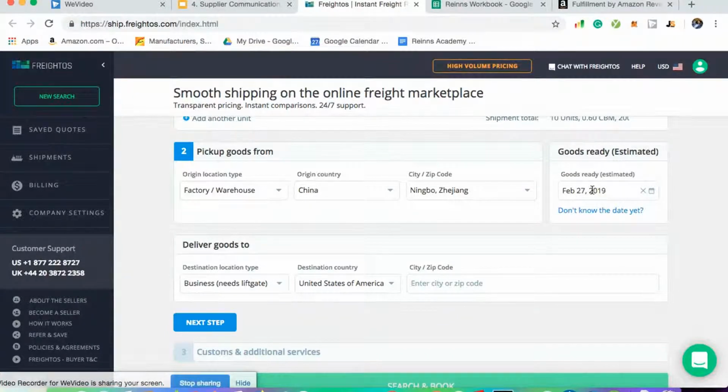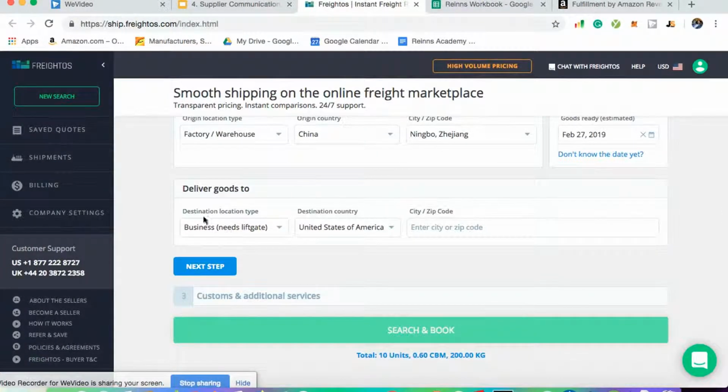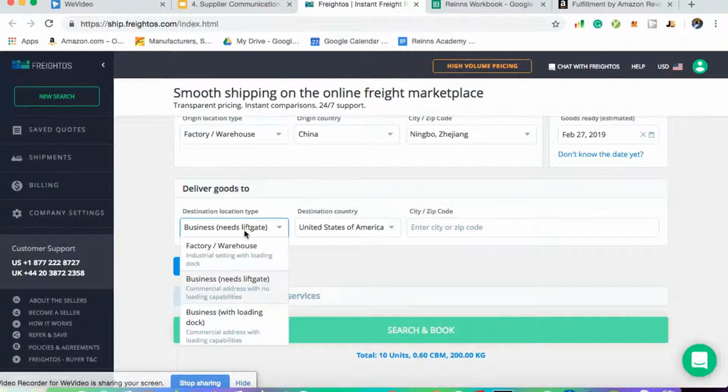Once we have that, the next thing we're going to do is fill up this section here where the goods are going. So where are we delivering the goods to? Let's go here: destination, location, type. Remember, we are dealing with freight forwarders, so I want you to always be working with the freight forwarders. I'm going to provide an example of the freight forwarding guys that I work with.